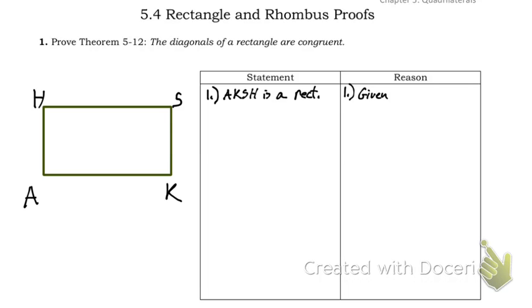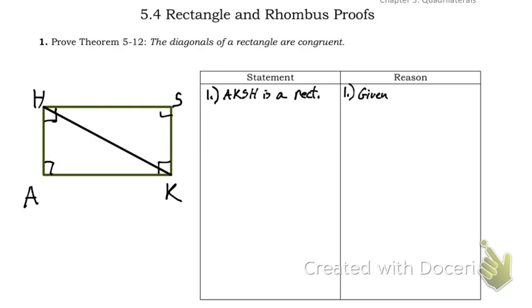This one says the diagonals of a rectangle are congruent. My advice to you in setting this one up is to come up with your right angles, because that's what makes this. And my hint to you: as you see, this diagonal makes a right triangle.